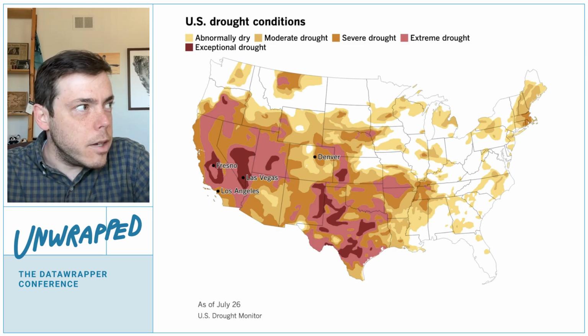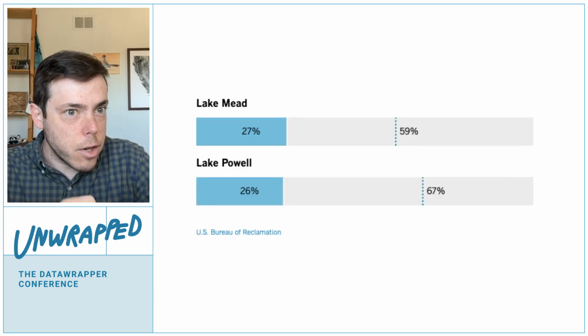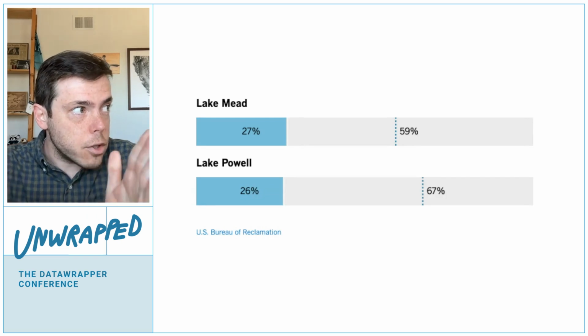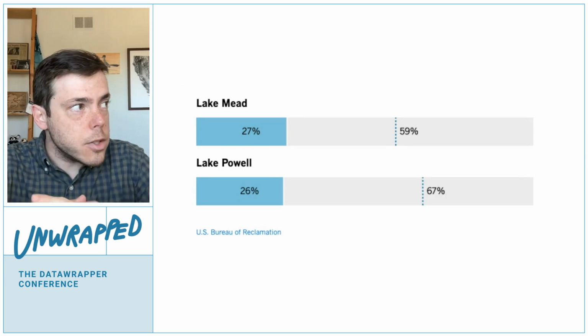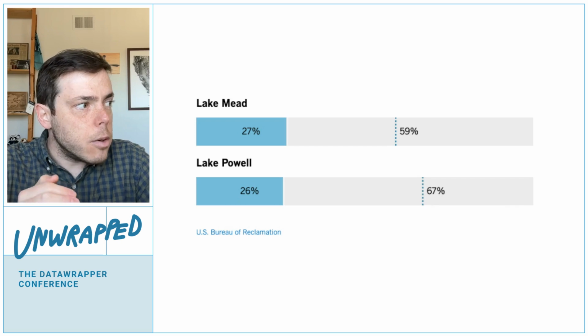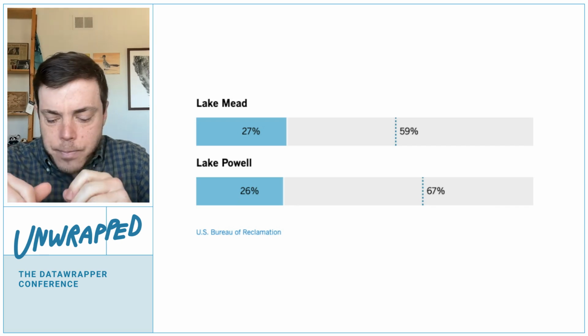So there's a place for D3 and JavaScript, but at other times I think I was working too hard. In our first iteration of the drought tracker, we wanted to track reservoir levels serving California. So we showed bars of current water levels, or percentages of various reservoirs, and what the normal level would be for that time of year. Whenever I made this screenshot, Lake Mead was 27% full and 59% of average.